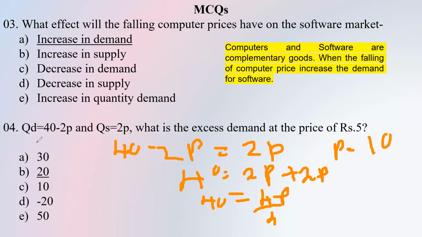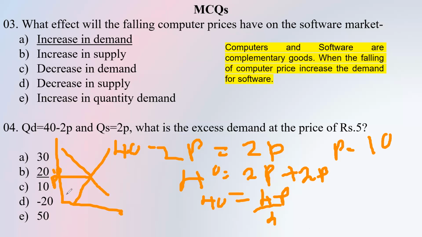Right? So then for good understanding you can draw it; this is the equilibrium price and quantity. So the equilibrium price is 5. Sorry, 10. Right? 10.